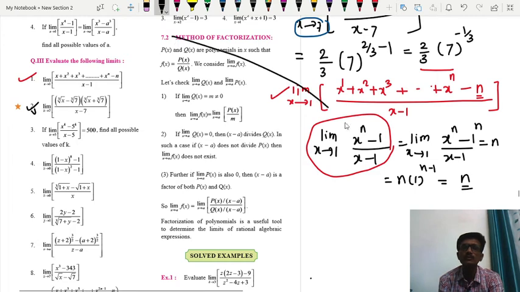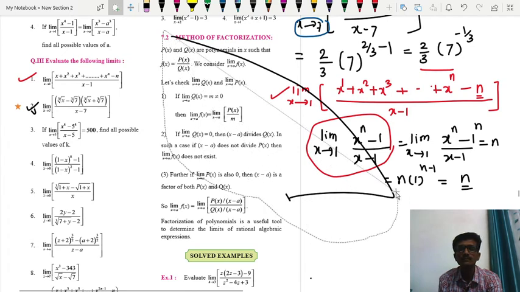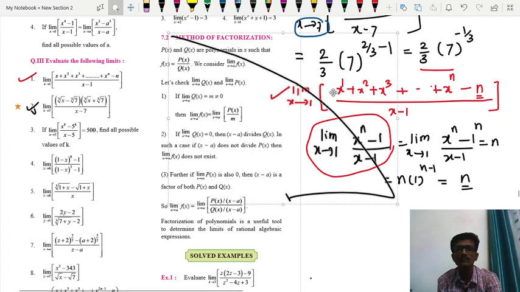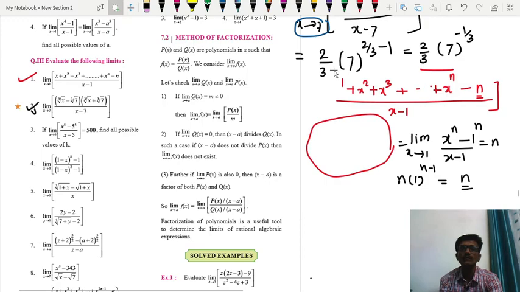So we are applying this over here. So first of all, apply this limit over here.